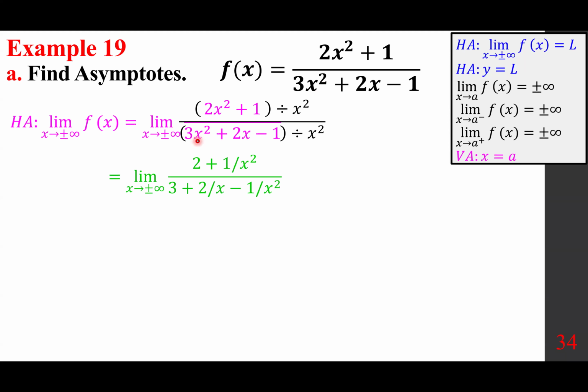You get this one. This goes to 0. Everything goes to 0 except the two numbers, so 2/3. When x approaches infinity or negative infinity, this goes to 0, this goes to 0, this goes to 0. And so the horizontal asymptote has the equation y equals 2/3.